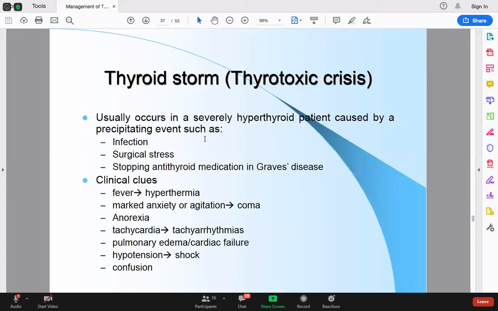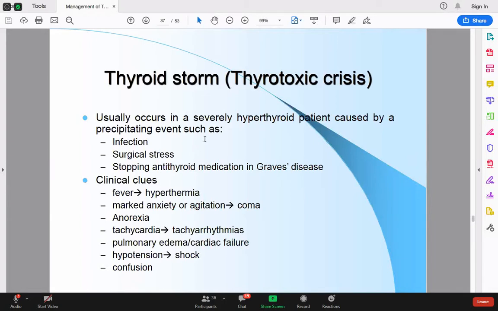Okay, thyroid storm. Usually you have a hyperthyroid patient, and then the storm is precipitated by an event like infection, surgery, or cold turkey stopping the anti-thyroid medication.